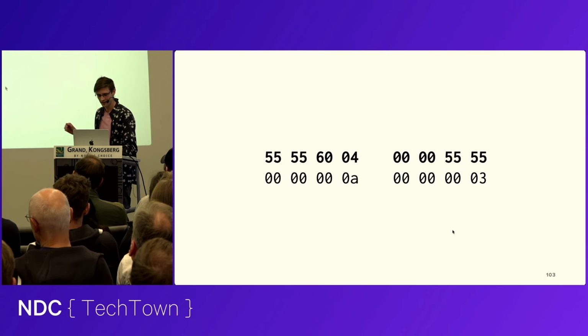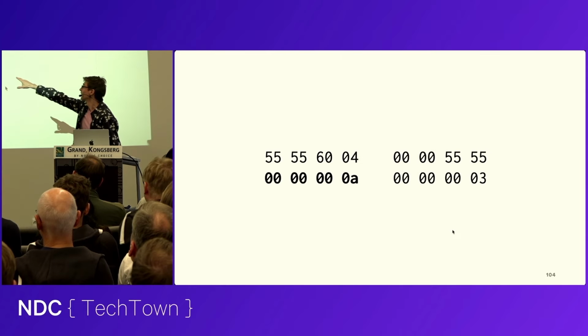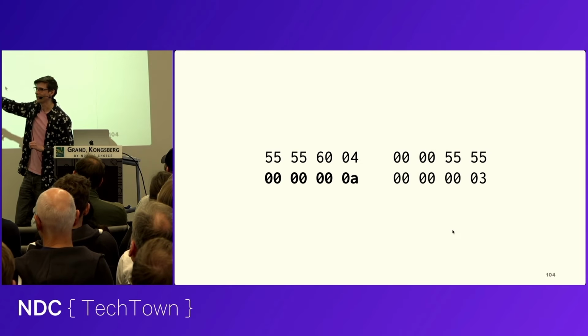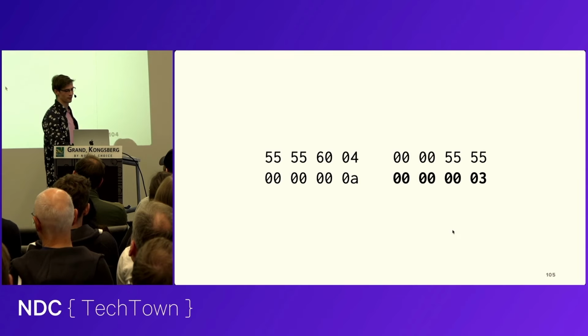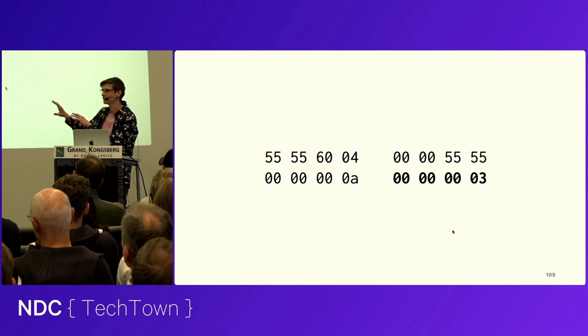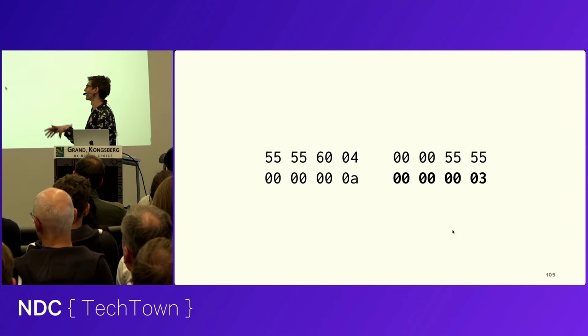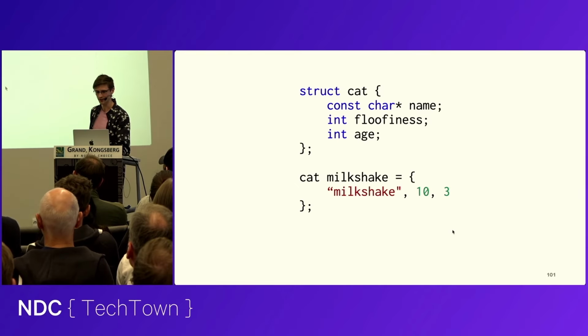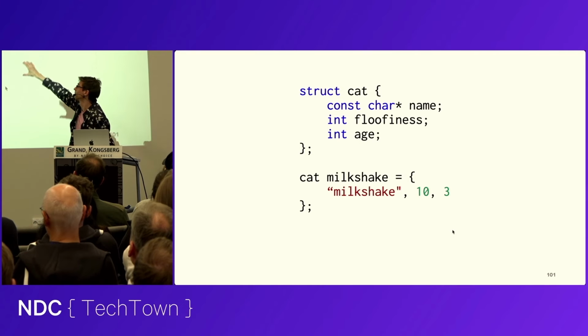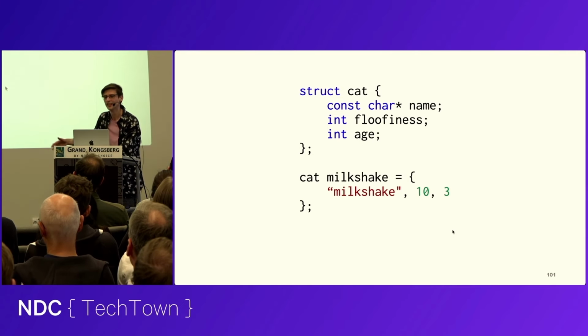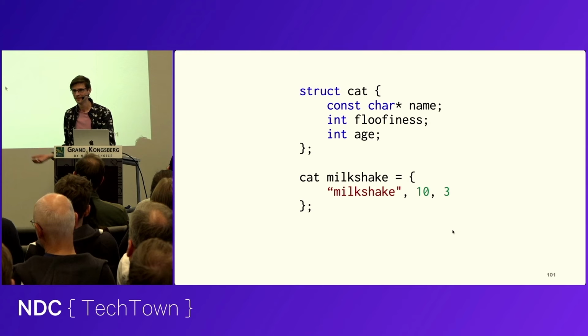But that one is 0xA, or 10, which is the floopiness, and then 3 is the age. So you can work it out if you look at it, but that's based on our knowledge of how the structure is laid out. We know how this is laid out, so we can interpret those bytes. But we have to do that in a program.